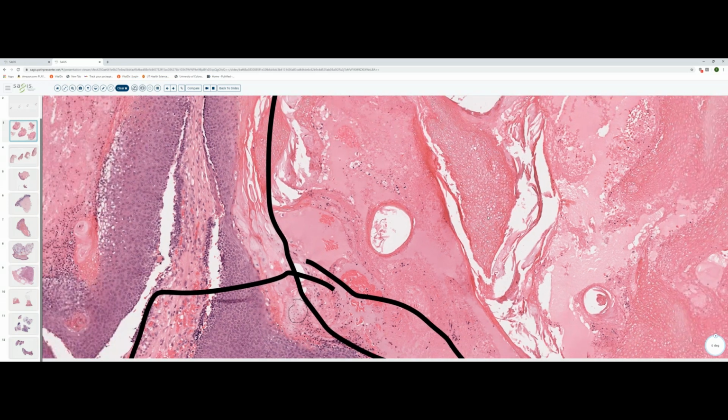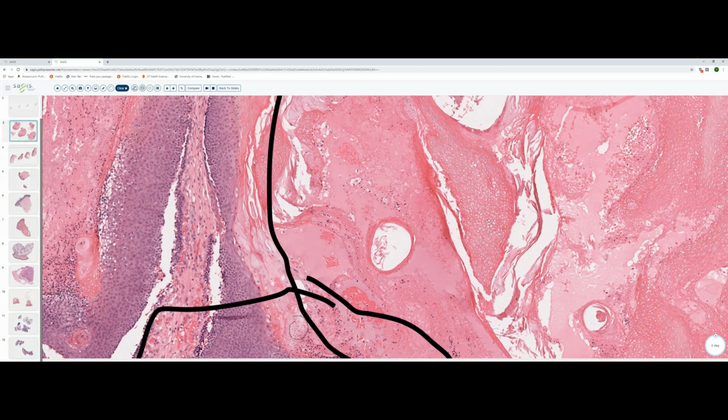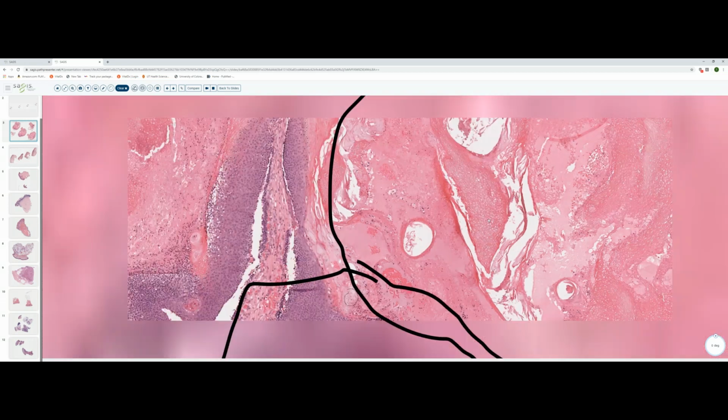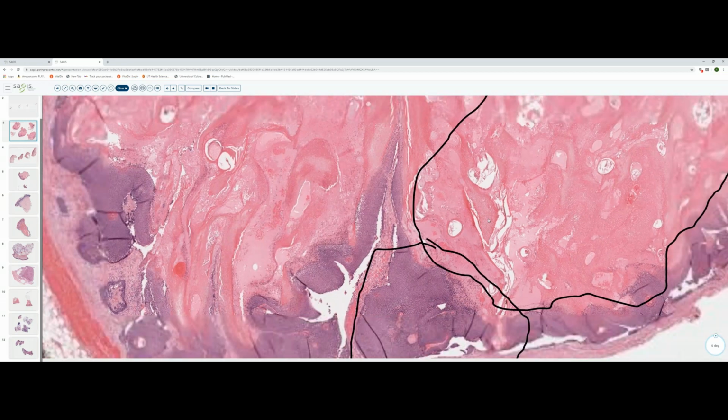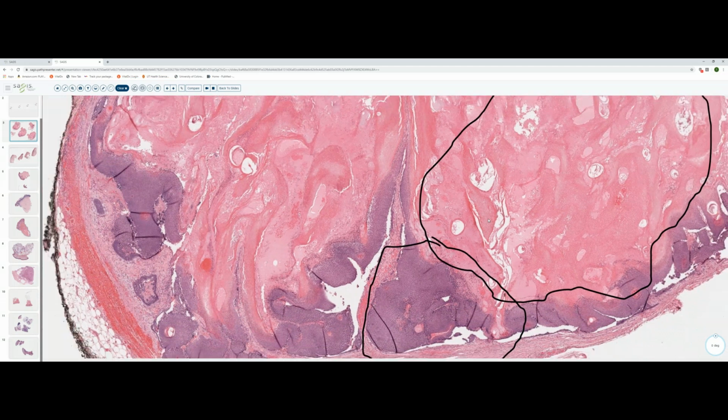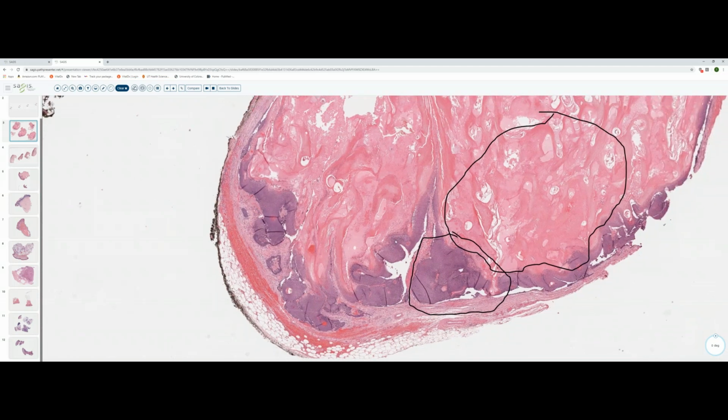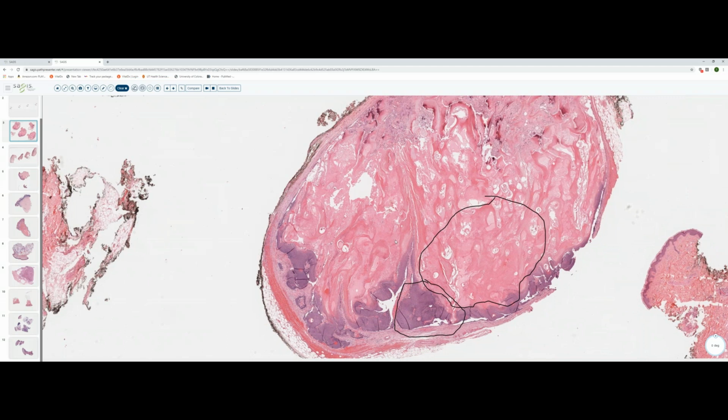These ghost cells, or shadow cells, are indicative of follicular differentiation, and specifically differentiation towards the inferior portion of the hair follicle. This pink, orange, or salmon color is virtually diagnostic of shadow cells. So anytime you see that color on scan, you know that there's evidence of follicular differentiation.